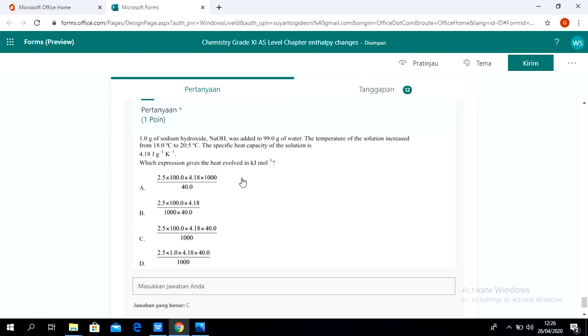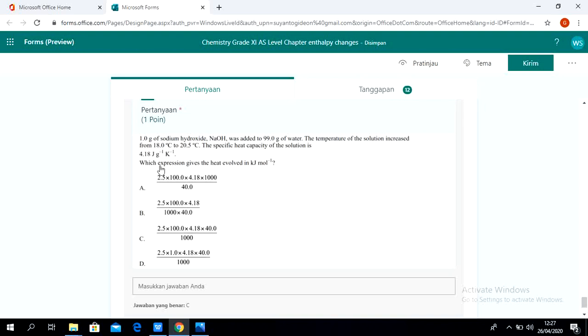And then next, the mass of the sodium hydroxide is 1 gram added to 99 gram of water. So the amount of water is closer to 100 gram. 99 plus 1 is 100. And this one is the specific heat capacity of water.